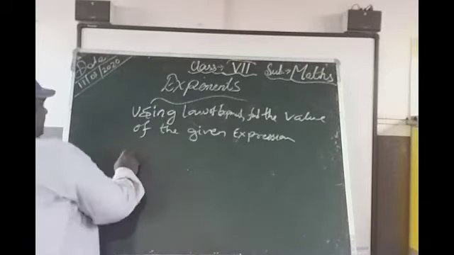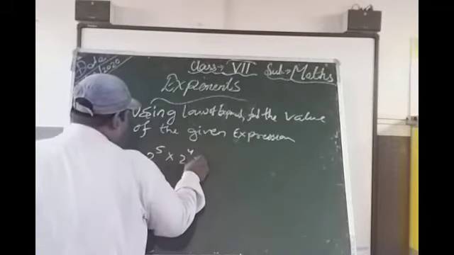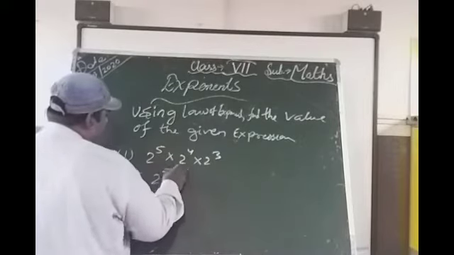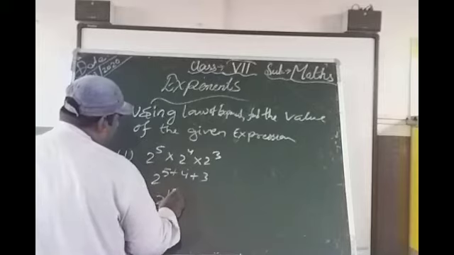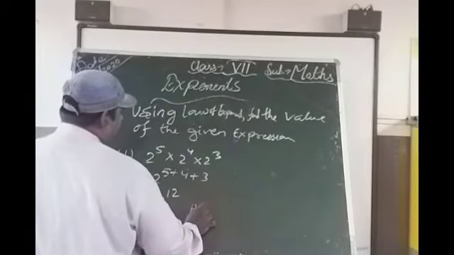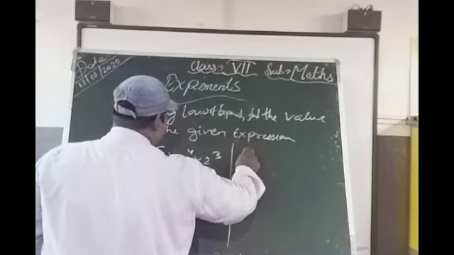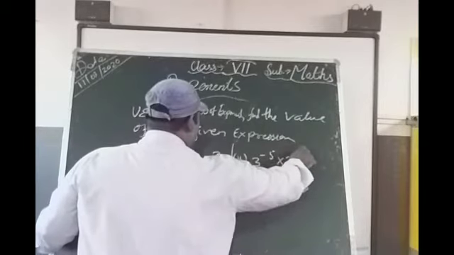Now, suppose that it is given 2 power 5 into 2 power 4 into 2 power 3. We know the law, 5 plus 4 plus 3 means 2 power 12. 2 power 12, that will be the answer. Suppose that it is written 3 power minus 5 into 3 power minus 4.